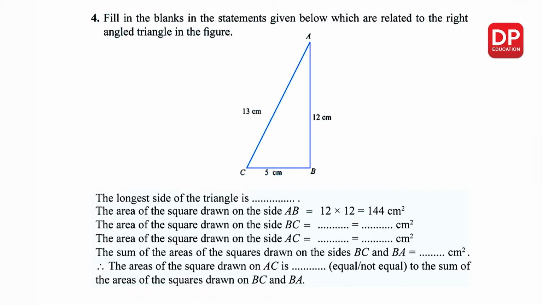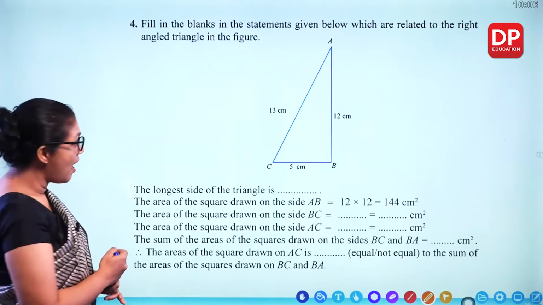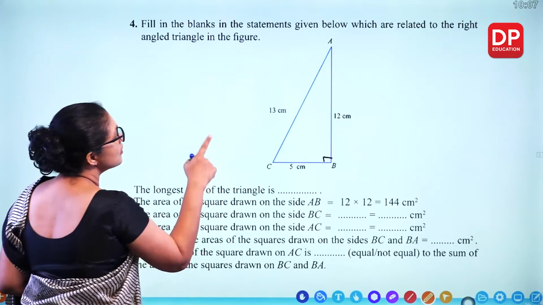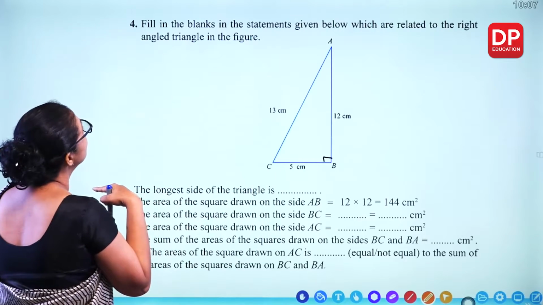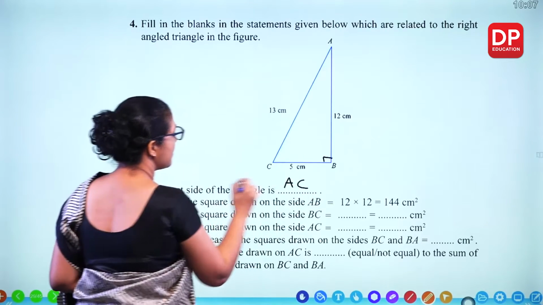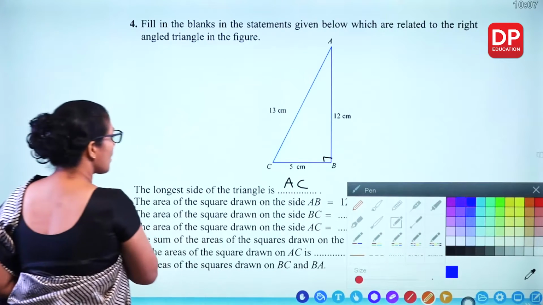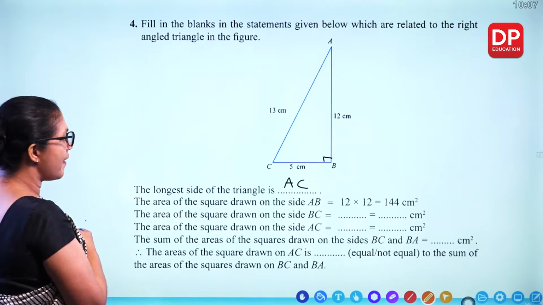Question number 4. Fill in the blanks in the statements given below which are related to the right angled triangle in the figure. The longest side of the triangle is the hypotenuse. What's the hypotenuse here? This is right angle triangle. So AC. By looking at the lengths also, 12 and 5, so 13 is AC. The area of the square drawn on the side AB is 12 times 12, 144.